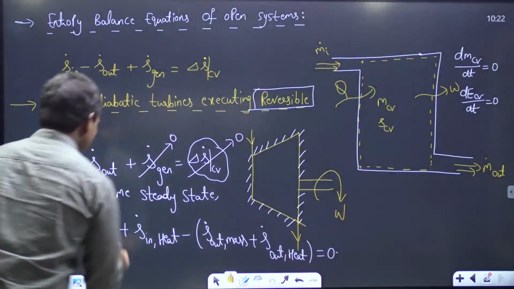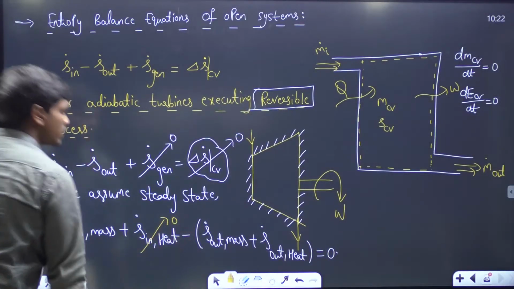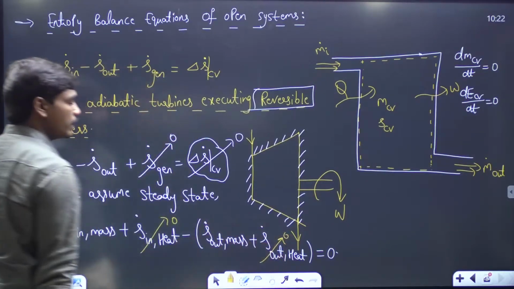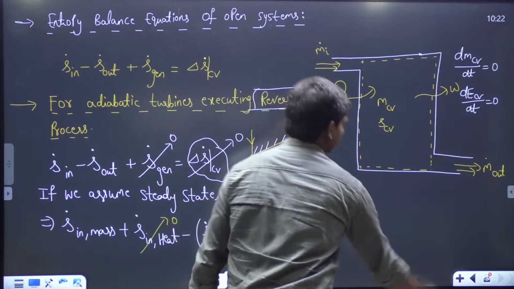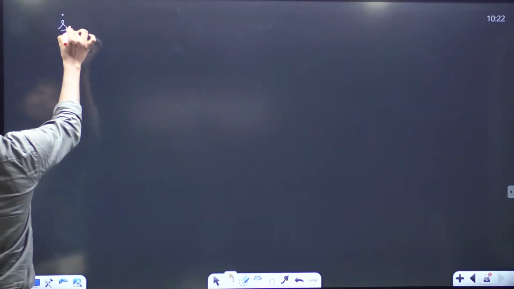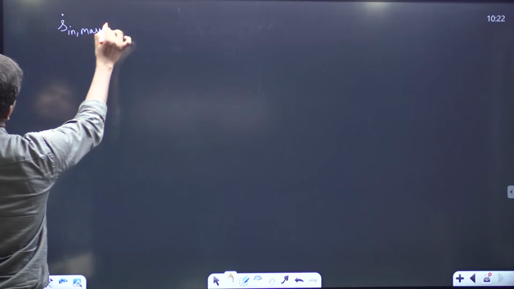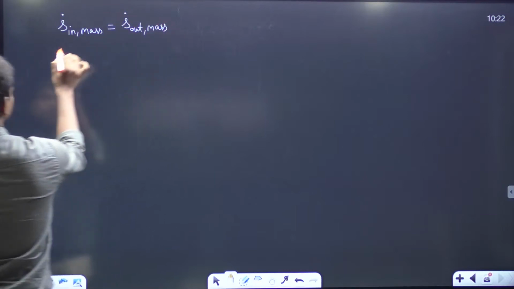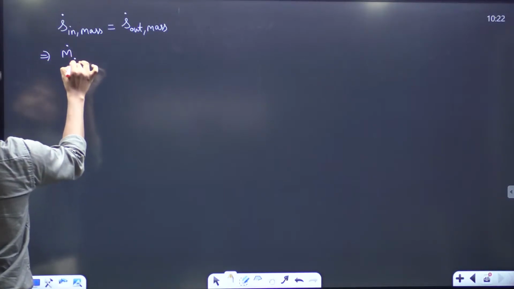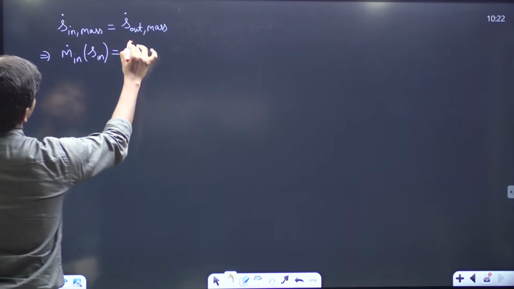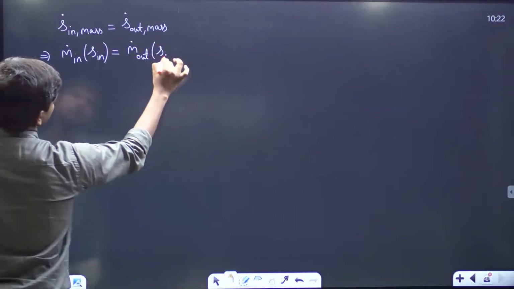So entropy inlet due to heat and entropy outlet due to heat has to be 0, which means entropy inlet due to mass is equal to entropy outlet due to mass. So this implies m dot in times S in is equal to m dot out times S out.